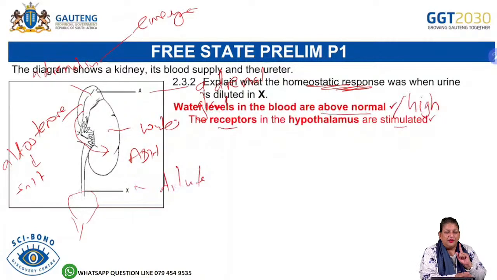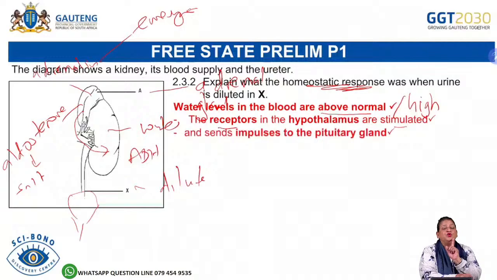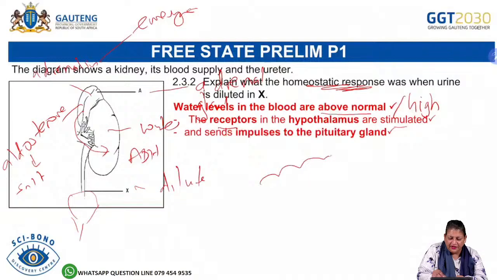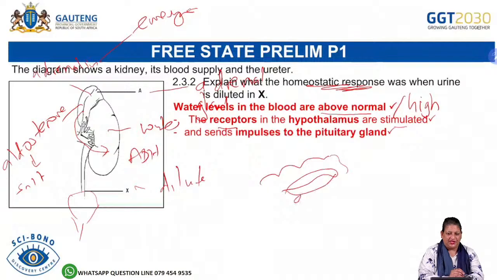So when the water levels are high in the blood or above normal limits, the receptors in the hypothalamus will be stimulated, and it's going to send a nerve impulse to the pituitary gland. So remember, that is the brain, and here is your corpus callosum, and there's your hypothalamus, and there's your pituitary gland in the brain.